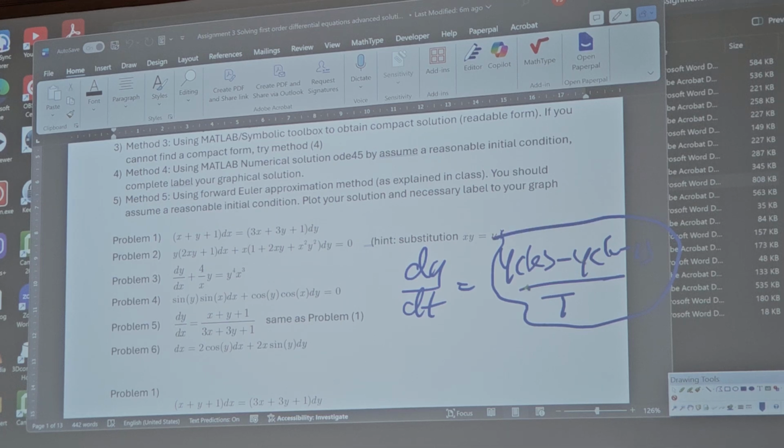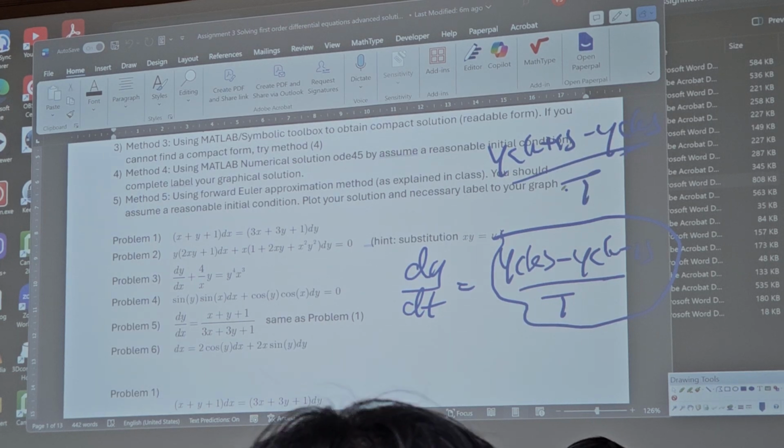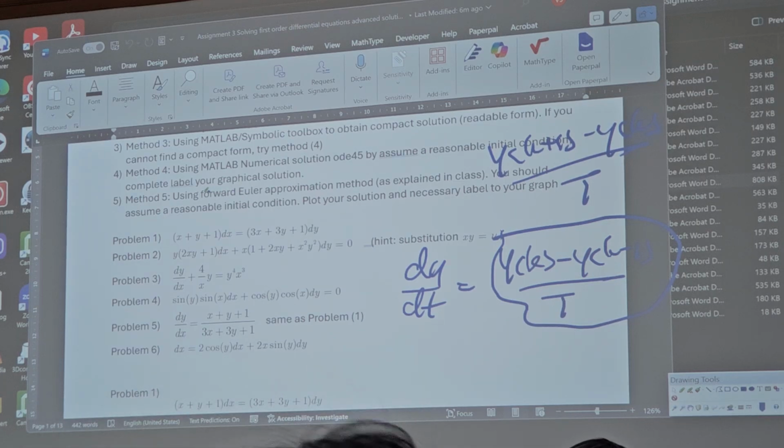Or y k plus 1 minus y k equal to t. This is forward, this is backward. I try backward anyway. Backward or forward, whatever. It's not the same actually.